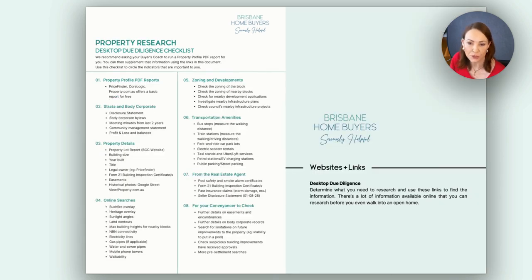And then the property research: these are the things you can do online before you attend the open home and after you've attended the open home. So you've attended the open home and you're like, oh, okay, I'm really interested in this property. There's more online research that you can do after the open home. The trouble is, sometimes, like I said before, you don't get a lot of time for that. So you want to try and get the foundation of your due diligence online research done before you attend an open home.